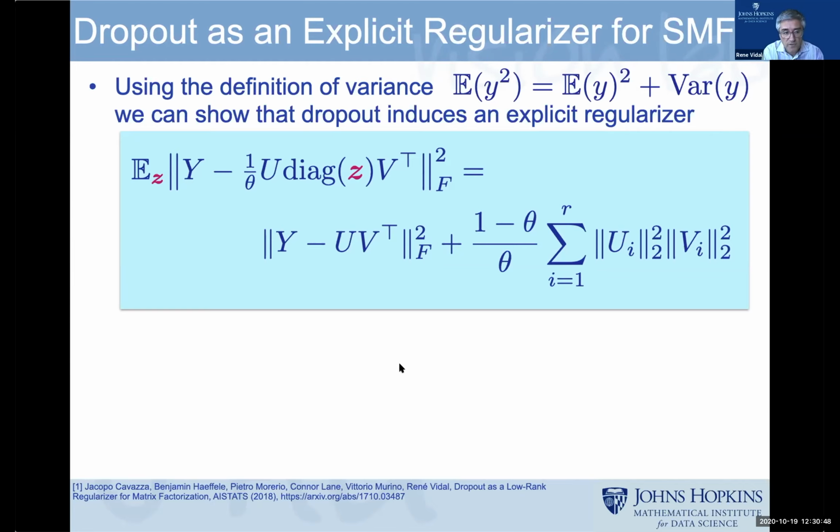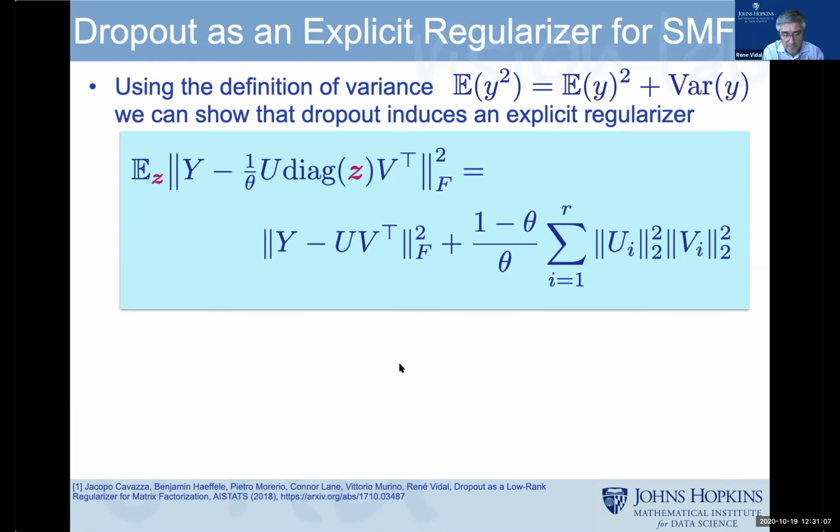that if you think about the same matrix factorization-like loss that I was talking about, you introduce this dropout variable z in the middle of it, and you now take the expected value with respect to the dropout variables.